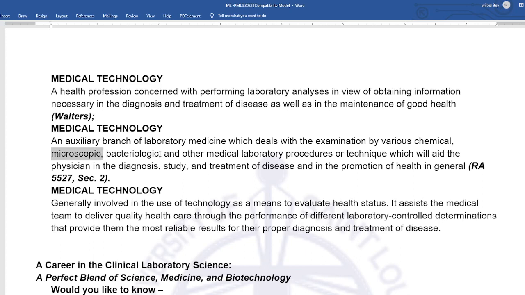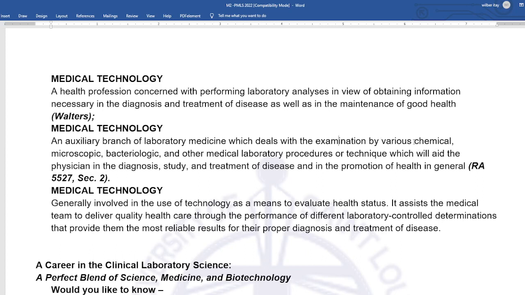And we conduct bacteriologic laboratory procedures. We study bacteria and other medical laboratory procedures. Okay, our technique. So the same here, which will aid the physician in the diagnosis, study, and treatment, and promotion of health in general. So it's specified what we do.